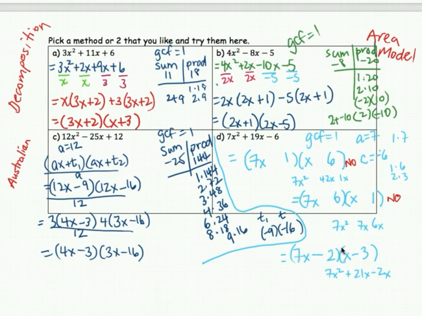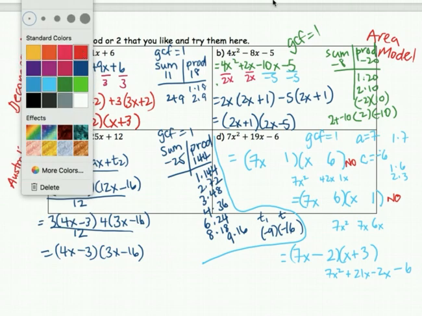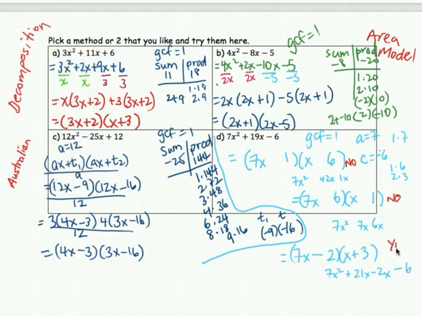Well, 7x times x is 7x squared. 7 times this number 3, if I make this positive right here, plus, that'll make it positive 21. Okay, and then when I multiply these two, that's negative 2x. And now when I do the last, negative 2 and positive 3 will make negative 6, which will eventually clean up to look like this. Okay, so yes, that one there finally is the right answer.